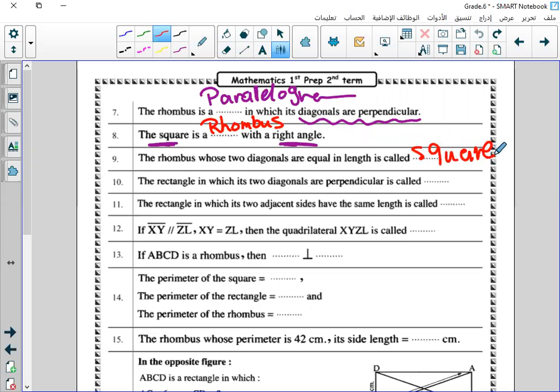Number ten. The rectangle in which two diagonals are perpendicular is called? Rhombus. Just one second. Any one of them can answer.